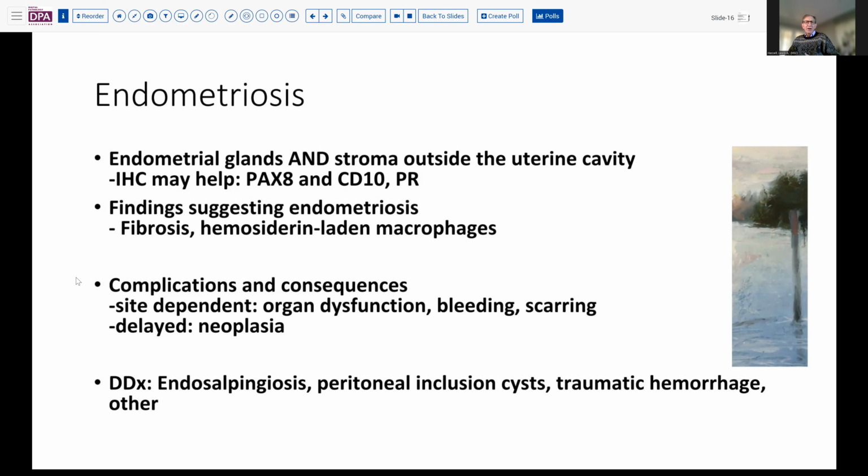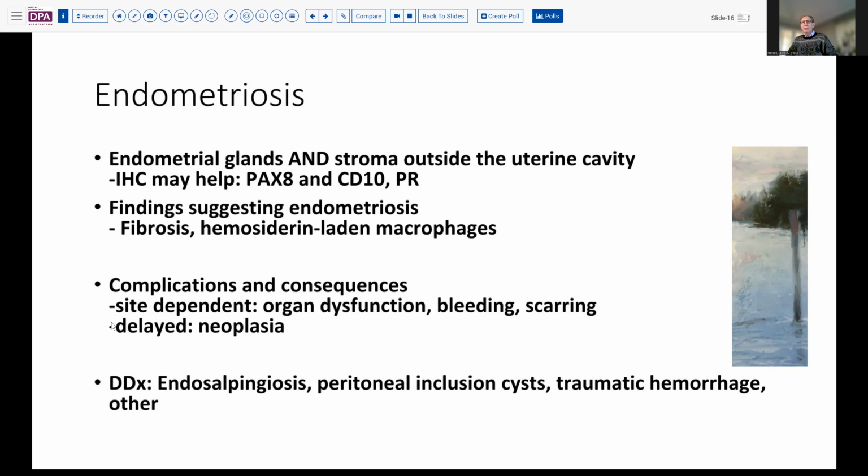When we think about complications, these are quite dependent on the site. Certainly, organ dysfunction can be related to endometriosis, both in the ovary or in the uterus, but in other organs as well, and can create mass effects or can create bleeding, scarring, or other problems with the normal functioning of those organs.